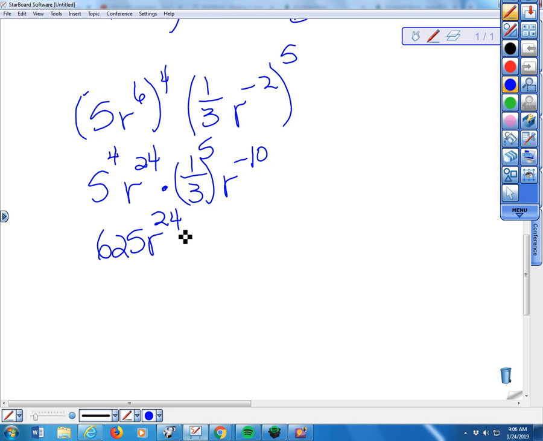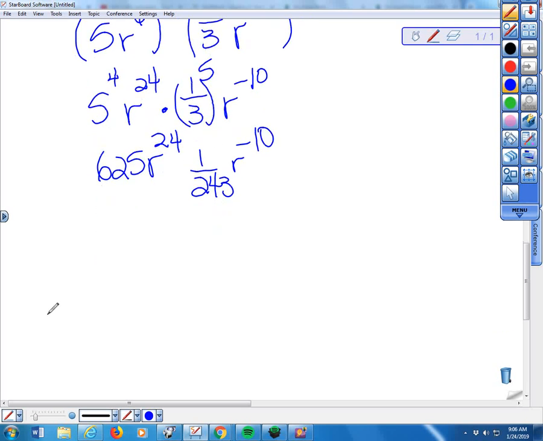What's 3 to the 5th? So this is 1 over 243 r to the negative 10th.